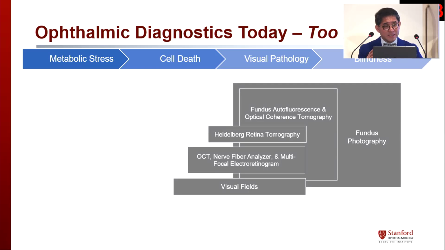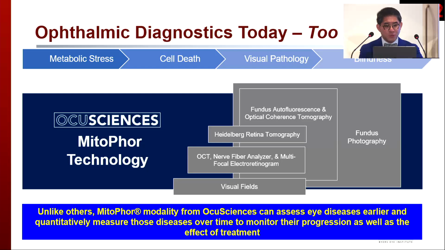On the right-hand side, you see a lot of the technology that we ophthalmologists are using right now. We use fundus autofluorescence, fundus photography, retinal tomography. Many of those correspond to when visual pathology has already occurred, with blindness already occurring. What we would like is to move it more to the left, where we detect the disease earlier.